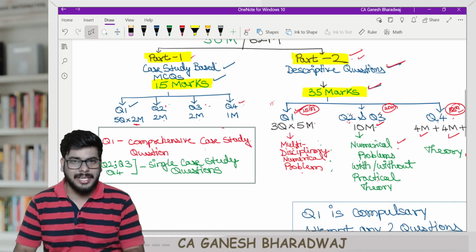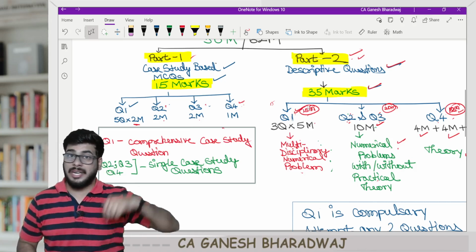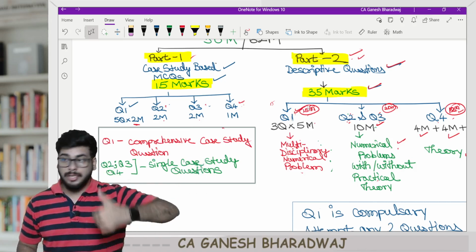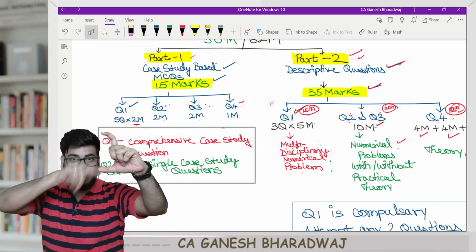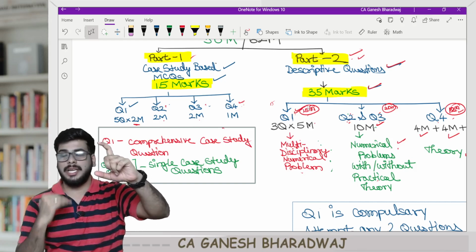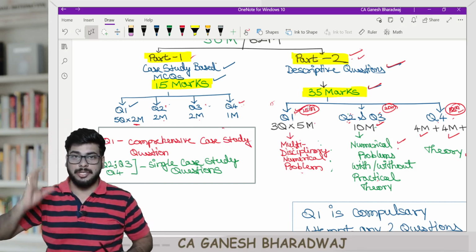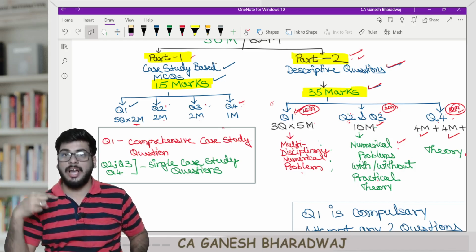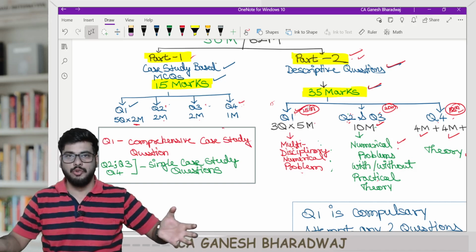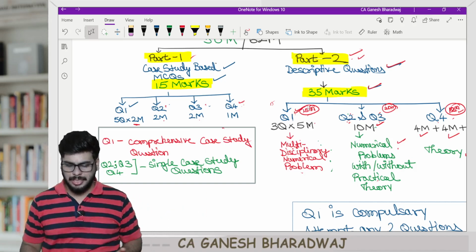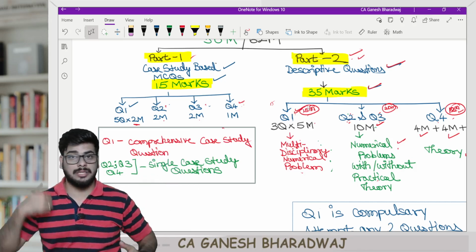At least here it's fine because these are standalone problems, whereas in costing it's not like that. In costing, they frame a single question and out of the common data, they test parts A, B, C, D and all from different chapters. So you need to have multiple angles to the same data. At least here, these are 3 different numerical problems coming from 3 different chapters. So here it's fine, but in costing, it was completely different.